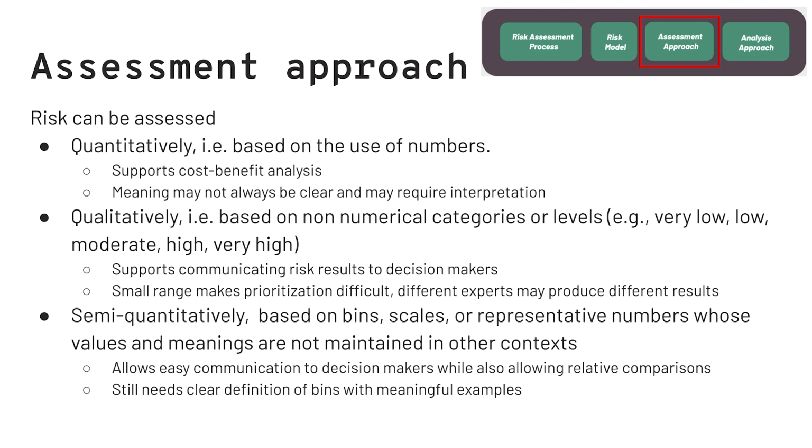So you can have your 10, 15, 5 within the low category, but you can also say this is just generically low. Still, you need a clear definition of bins with meaningful examples of what this means to properly communicate that to decision makers, while also maintaining appropriate relative comparisons of what is low, what is high, and how we compare them against each other.